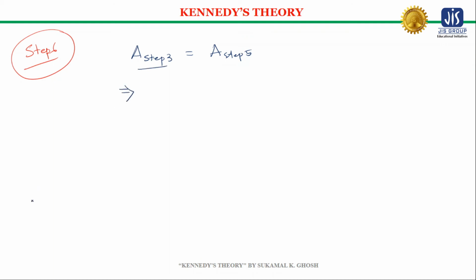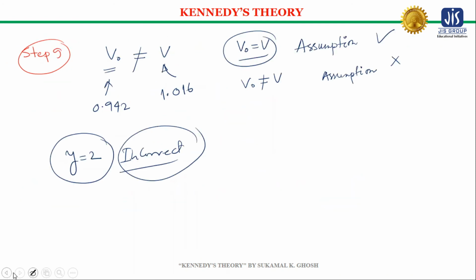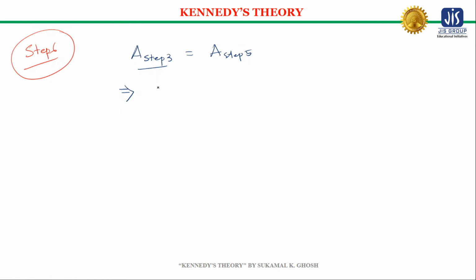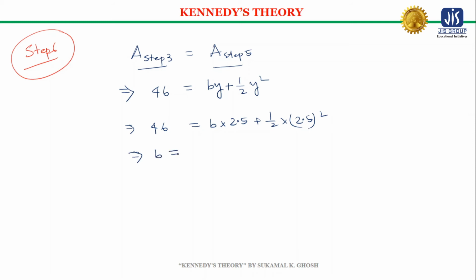From step 3 we got the value of area as 46, and from step 5 we got the expression b into y plus half into y square. If you put it here, b into 2.5 plus half into 2.5 square, and if you solve it, you will have b equal to 17.15 meter.